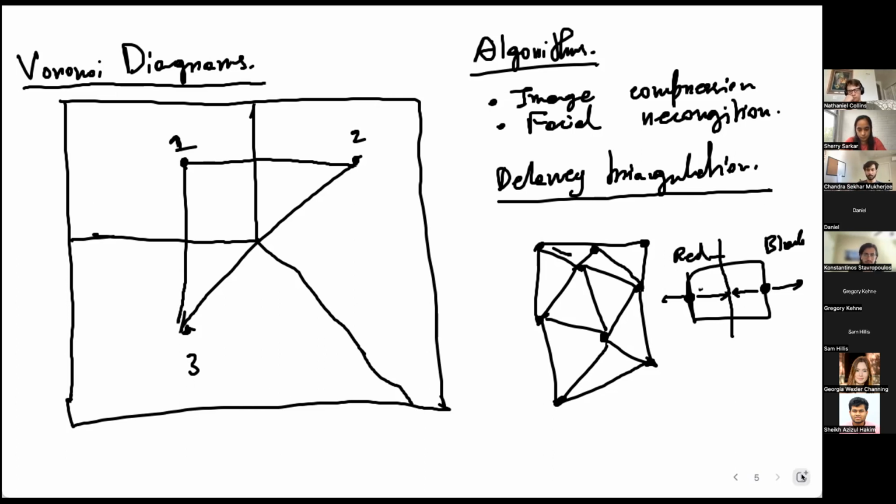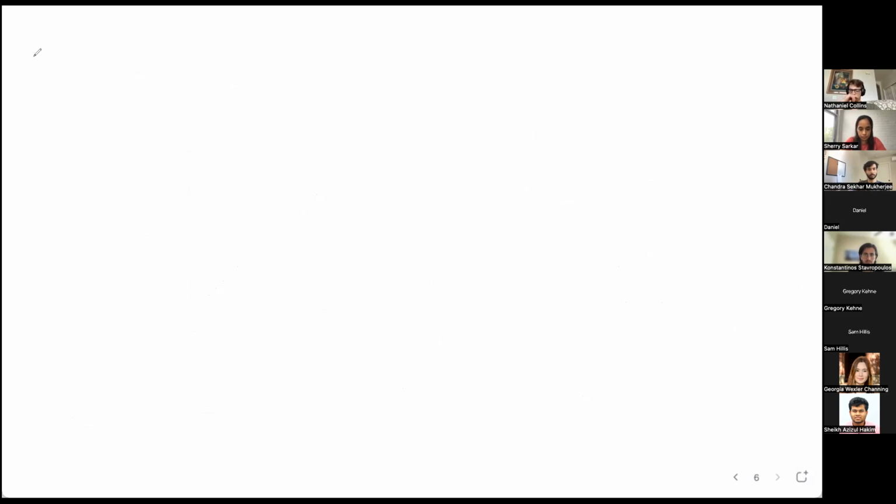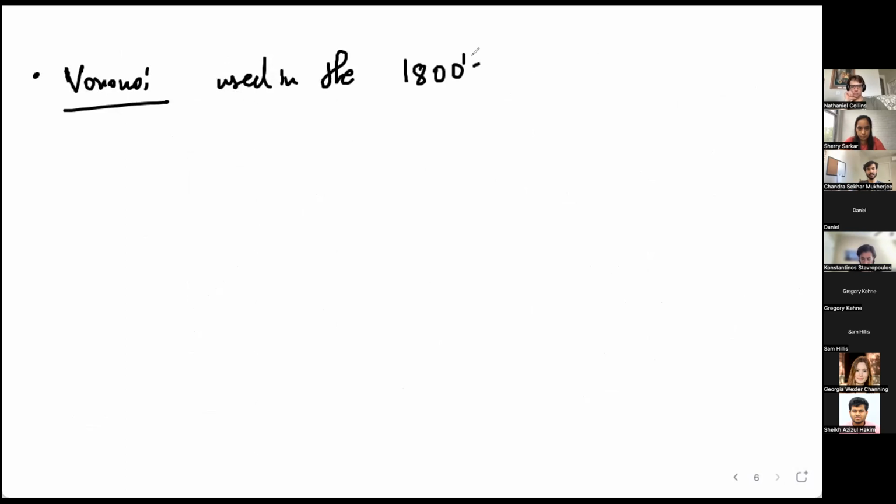The first time Voronoi diagrams were used, this is a small story that I'll conclude my talk with. I don't remember the exact year, in the 1800s, in the cholera outbreak of London.